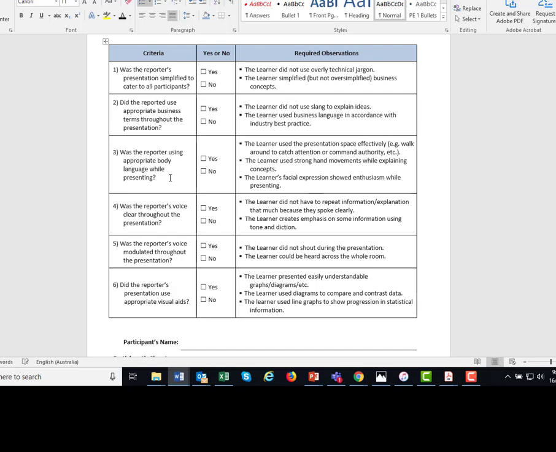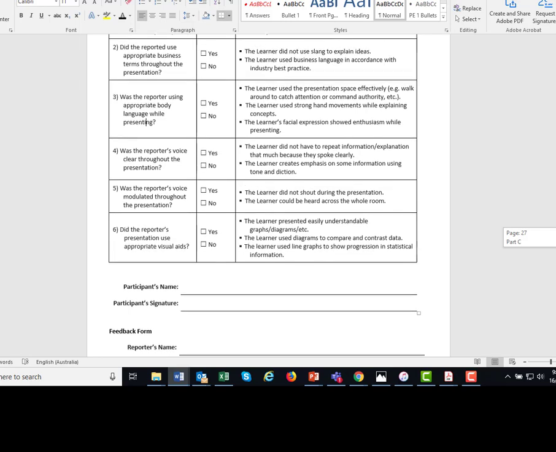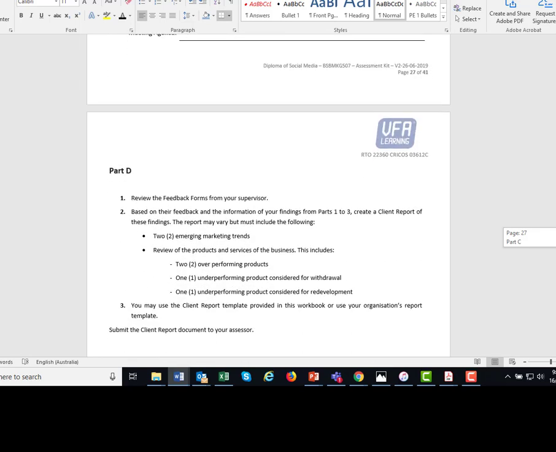It's not just about their use of voice. And again, we can do this one by Skype or phone or whatever, so I'll make sure that aligns with being able to do that. So you get that filled in.